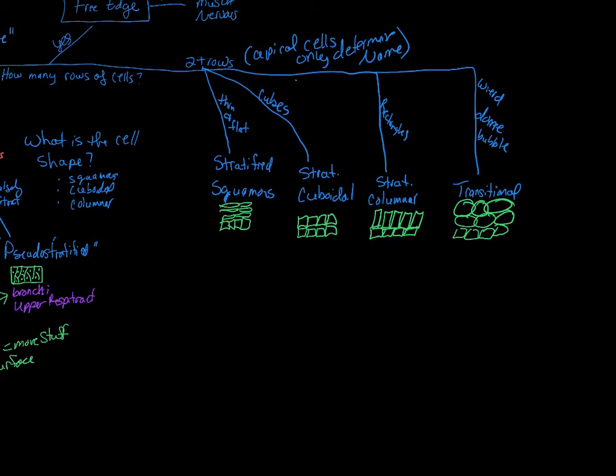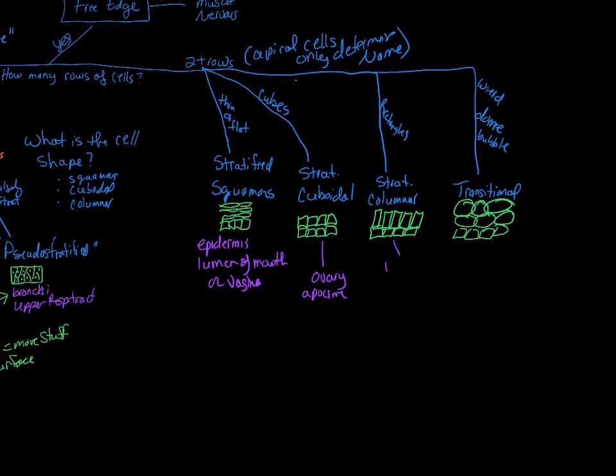We can add the information in. Where would you find stratified squamous? The epidermis of your skin. The lumen of your mouth or vagina. Okay? How about stratified cuboidal? Ovary is a good one. Apocrine glands are another one.